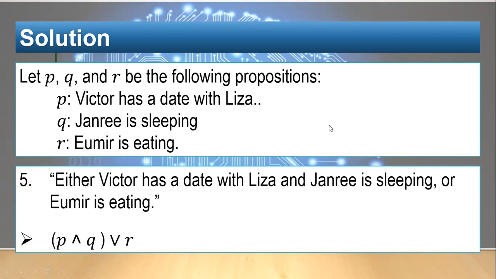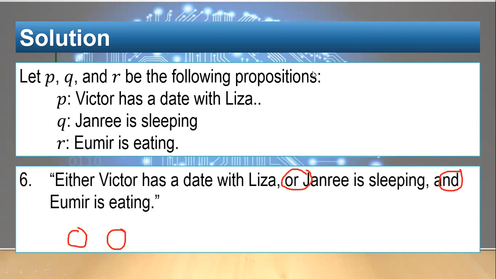So, for our example number 5, merong and na connector and also or. So that's why we have these symbols. P and Q or R. Example number 6. Try to answer.